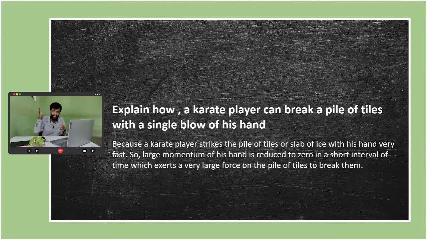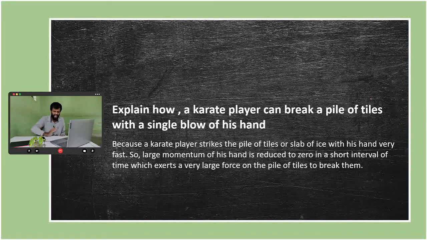When he is hitting, there is mass, and we are giving velocity. If you want the impact to be more, what should happen? You should convert that entire momentum immediately to zero, then only the impact will be higher.